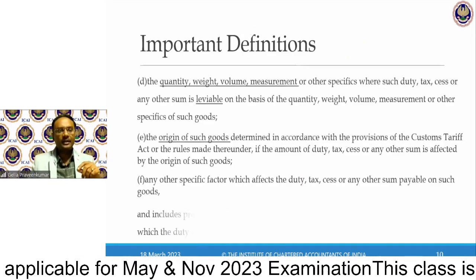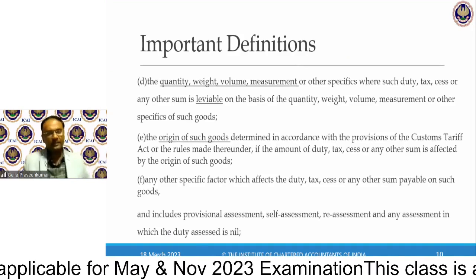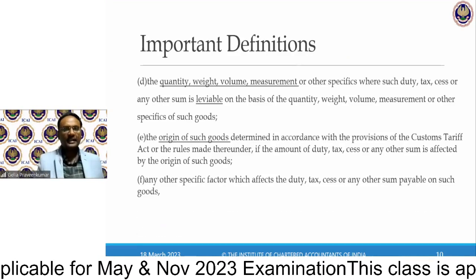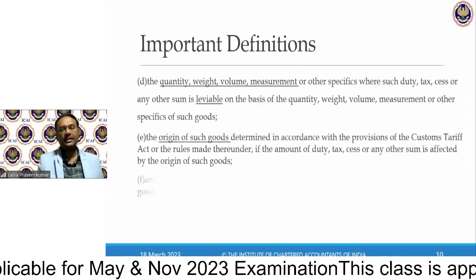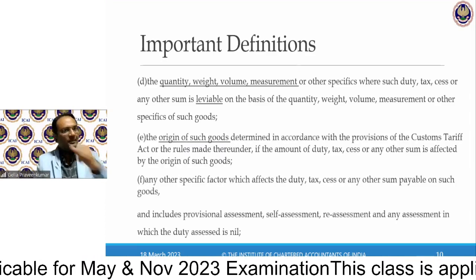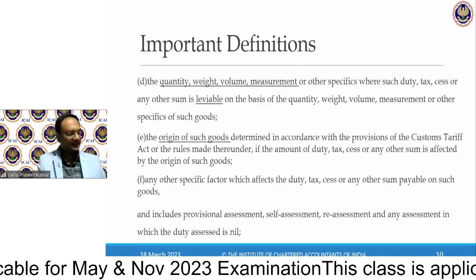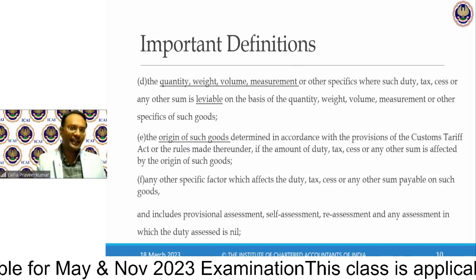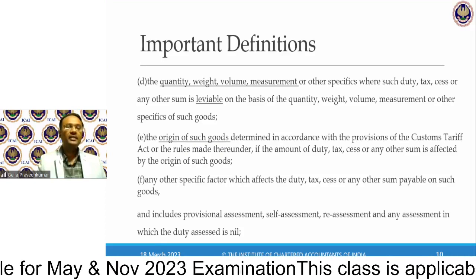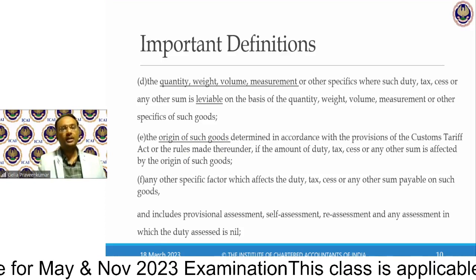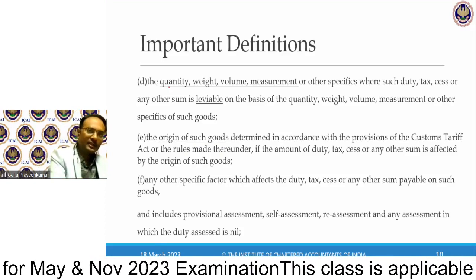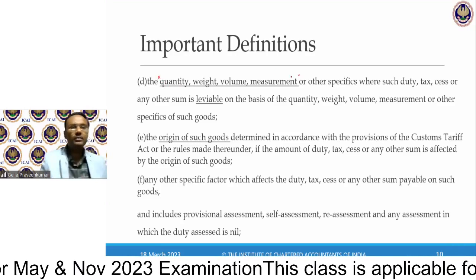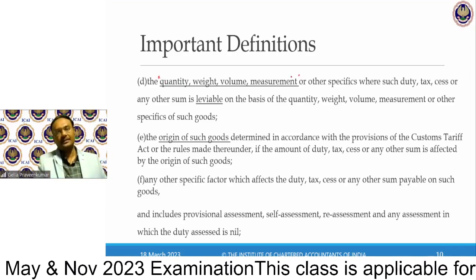Next, moving on, please write down in your working note. You have written up to your exemption notification. Continuation to that, write down reference to quantity, weight, volume or measurement.